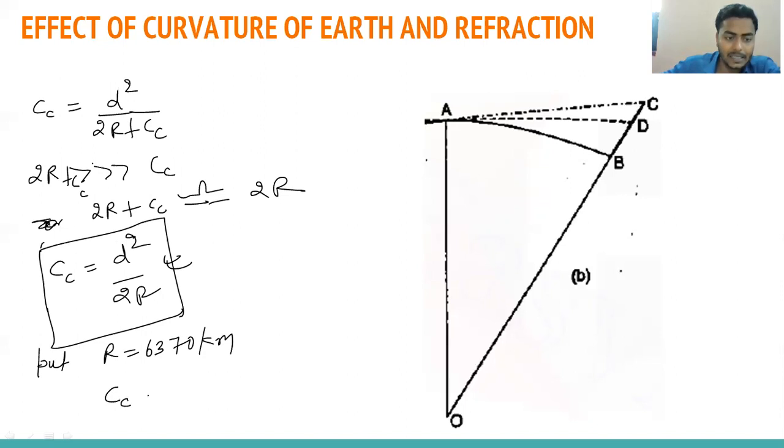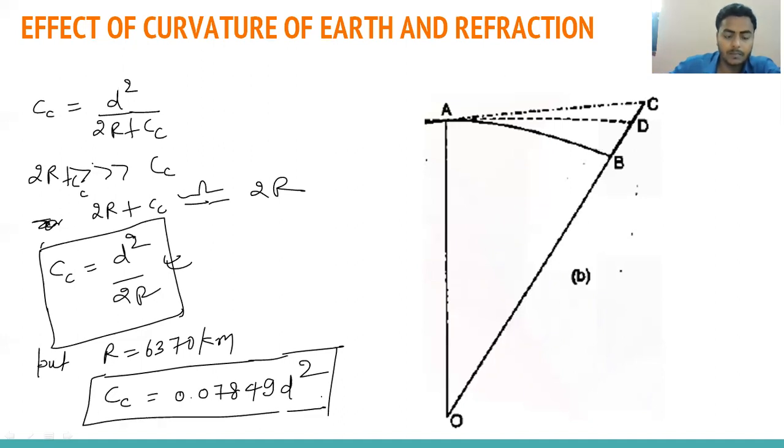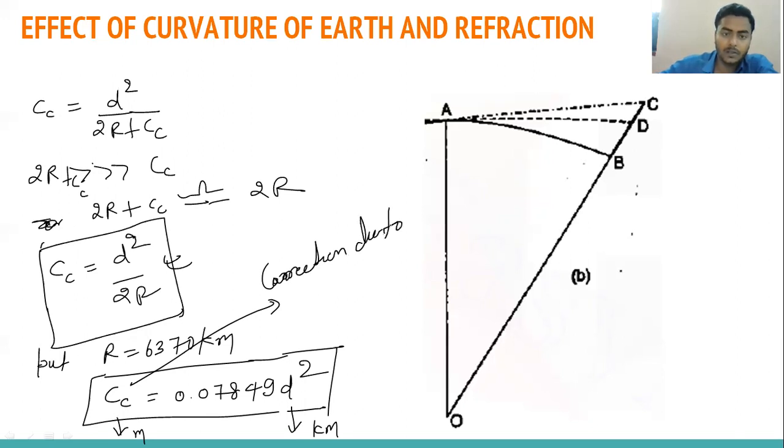You will get CC equal to 0.07849 D square. This formula is very, very important, where D is in kilometer and CC in meter. Where CC is the correction due to curvature of Earth.